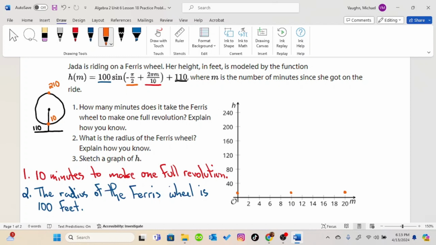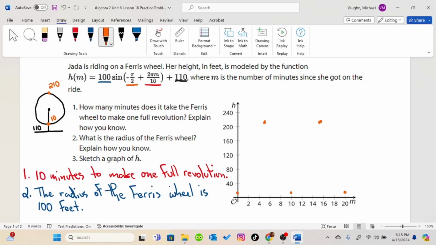We know that halfway we're going to be at the top, which we said was 210 feet. So we'll be at 210 feet at 5 minutes, and we'll be back at 210 feet at 15 minutes.